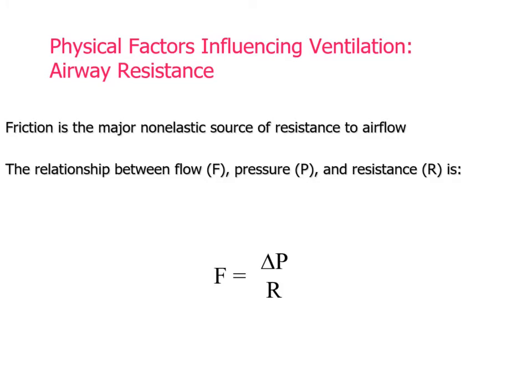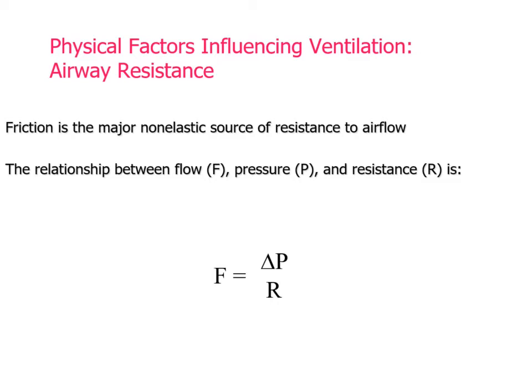The key physical factors or variables that influence ventilation, the main one is in fact resistance to flow. Resistance has quite a large effect on the ability of air to flow. It is an inverse relationship.